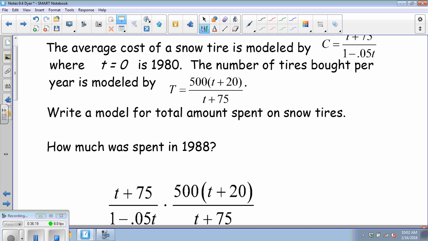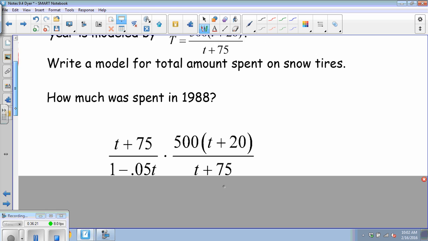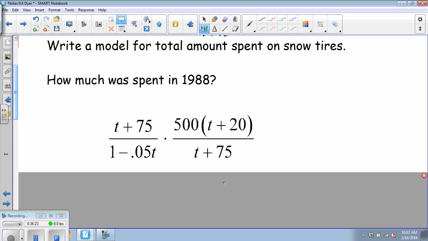So when you plug this in, the total cost is C times T. So they take what C is and multiply it times what T is.